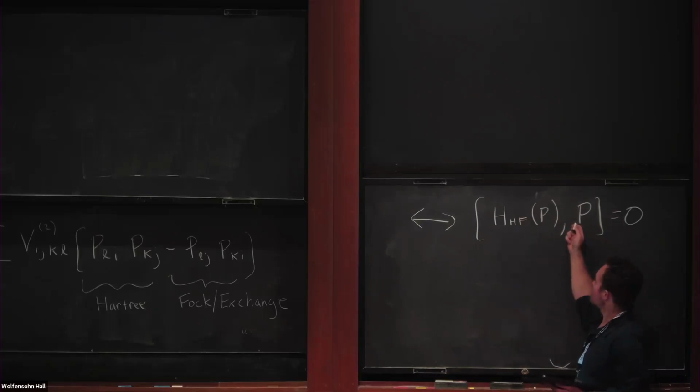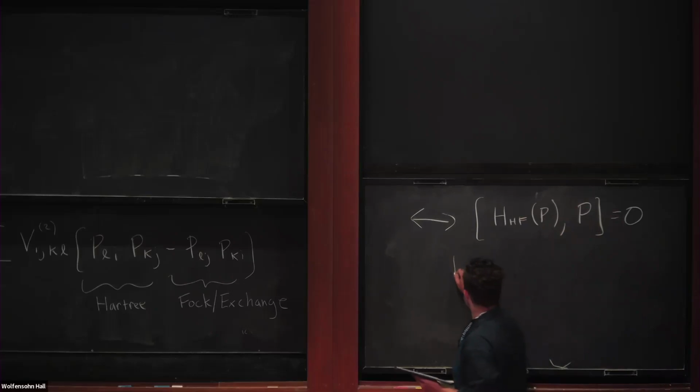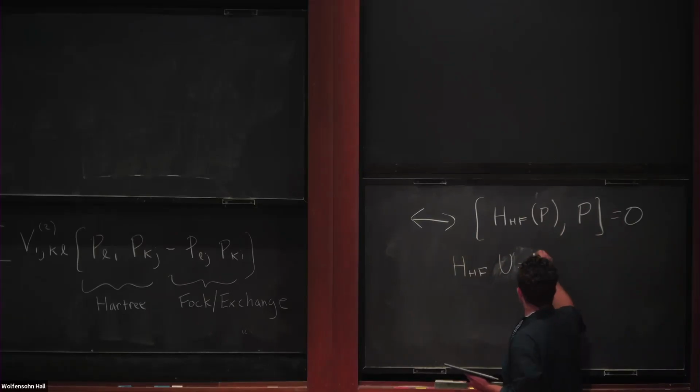What do I know about P? Well, if they commute, they're simultaneously diagonalizable. So suppose I found an eigensystem, H U equals U times diagonal E.